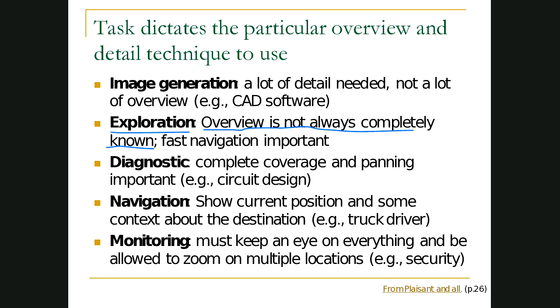And then what's the best way to go to Germany? You're not going to keep scrolling, because every scroll will take you maybe 10, 20 miles away from here. It'll be a lot of panning that way. So what you want to do is zoom out and not even wait for the screen to refresh, click on somewhere in Europe and then narrow it down later. So that allows you to explore. So the overview may not always be complete, with a focus on navigation.